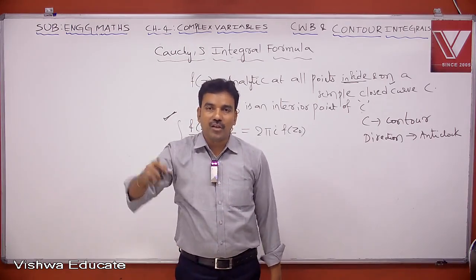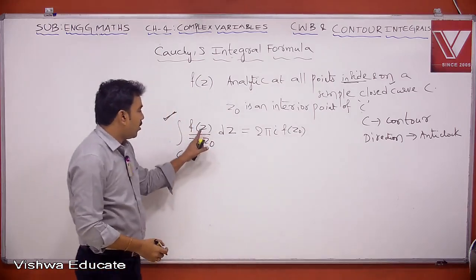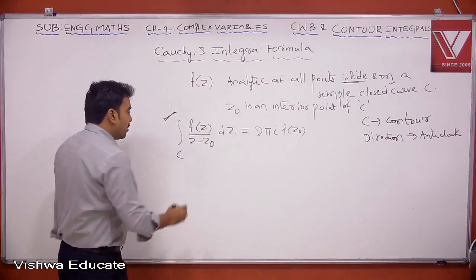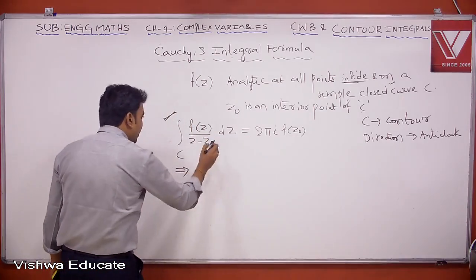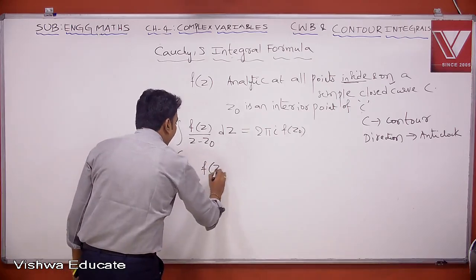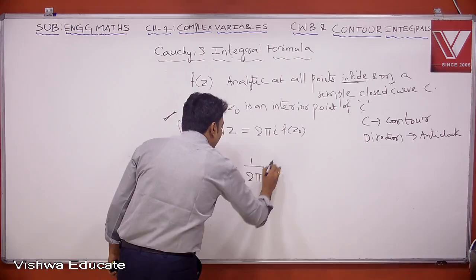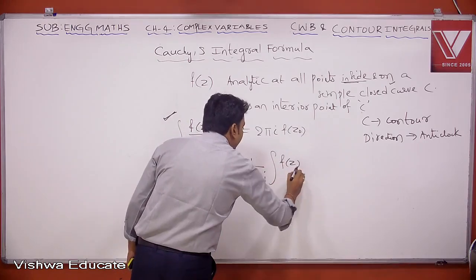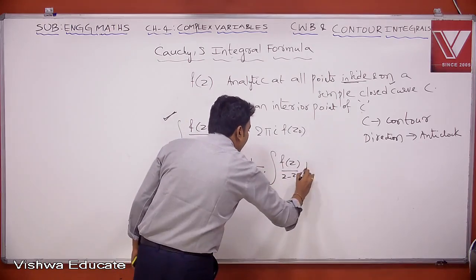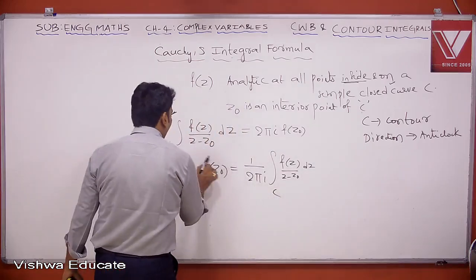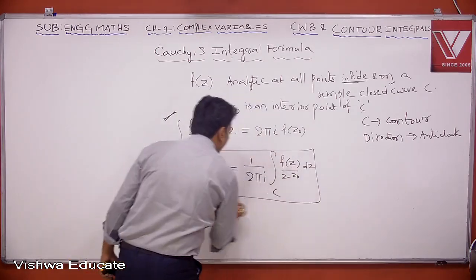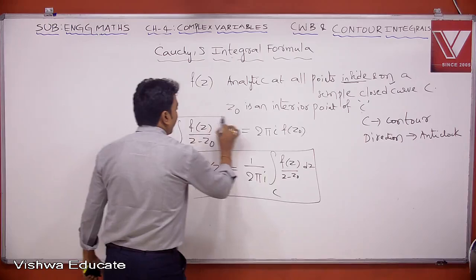So if it moves along the anti-clockwise direction, the contour integral value will be like this. Basically, f of z naught equals 1 by 2 pi i into integral f of z by z minus z naught dz over C. So this is one formula and this is another formula.